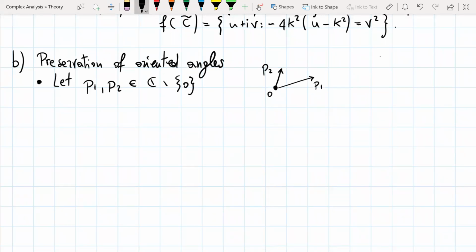And then P1 will have some polar coordinate decomposition, r1 times e to the i theta 1. And the same for P2, we will have r2 times e to the i theta 2, where theta 1 is this angle and theta 2 is this angle.